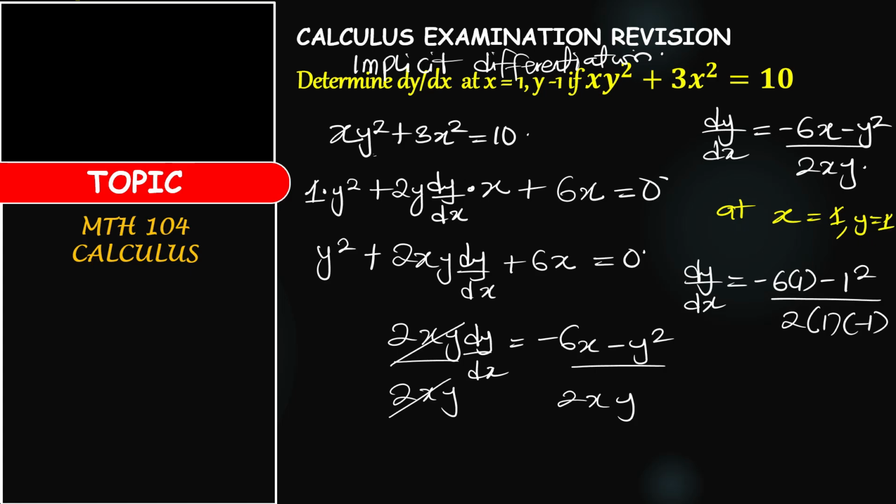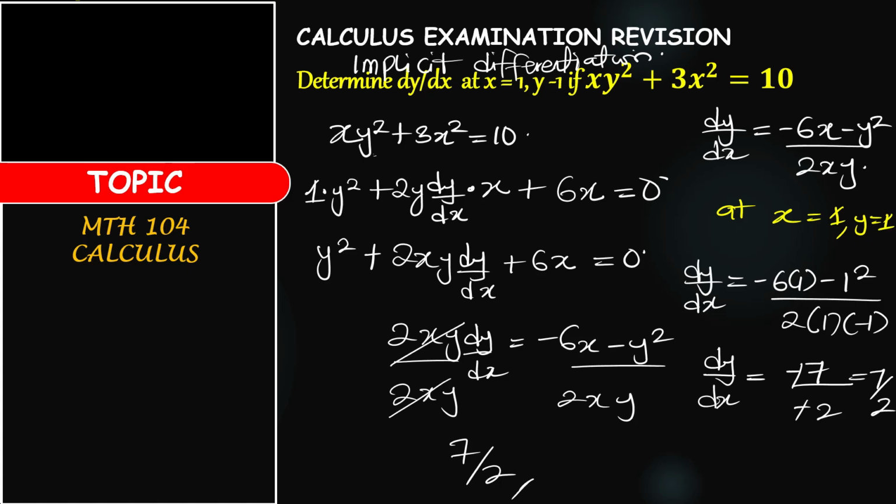Now minus 6 minus 1 square is what? Minus 7, because minus 6 times 1 will give us minus 6, 1 square will give us 1. Minus 6 minus 1 will give us minus 7, divided by 2 times this will give us minus 2. So this cancels this, and here will be what? 7 over 2. So the correct answer to this question is 7 over 2, which is option B.